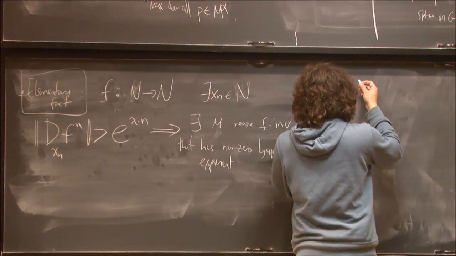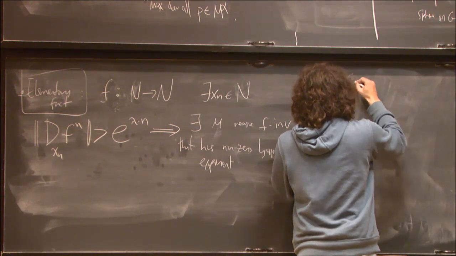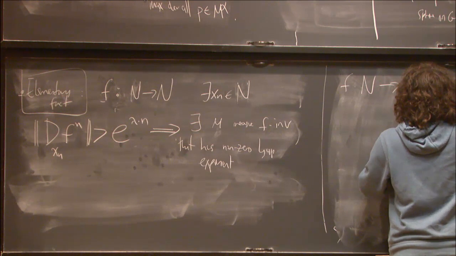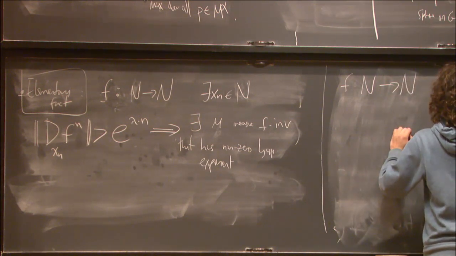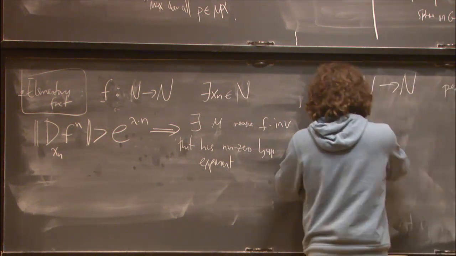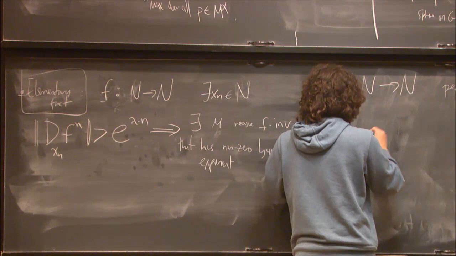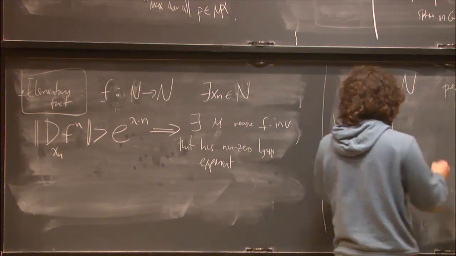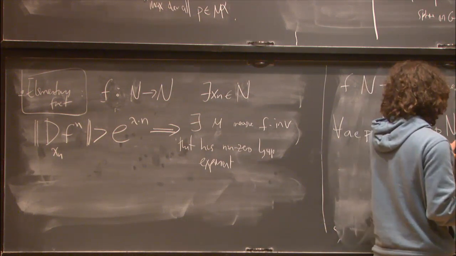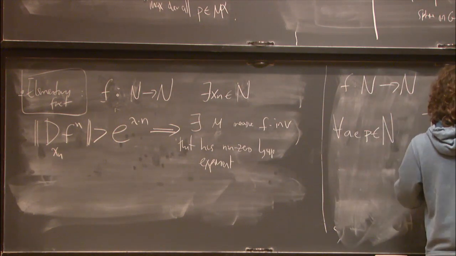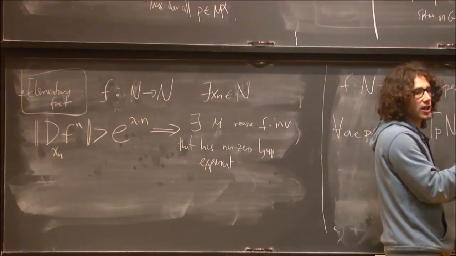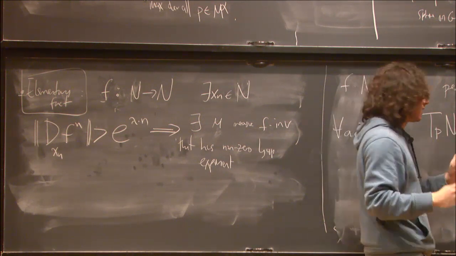That is, if you have f on N and this preserving ergodic measure mu, then for almost every point in your manifold, there is a decomposition of the tangent space into invariant subspaces, such that these subspaces are either contracted at an exponential rate or expanded at an exponential rate.